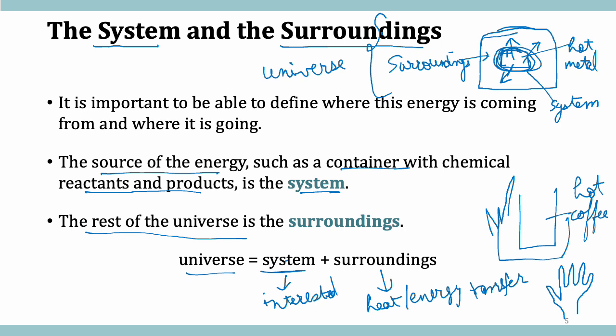So if this is my hand and this is the cup of hot coffee I am holding, and I'm interested in where the energy is transferring from the coffee, then coffee is my system, and because all the heat from the coffee is transferring to my hands, the hands are the surroundings. Whatever system I'm interested in, everything around that interacts with the system is the surroundings.